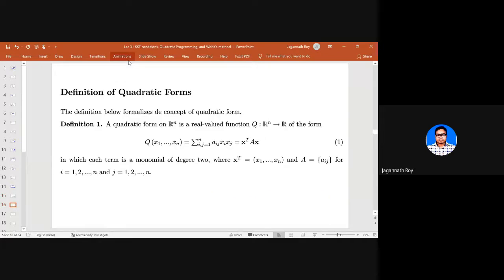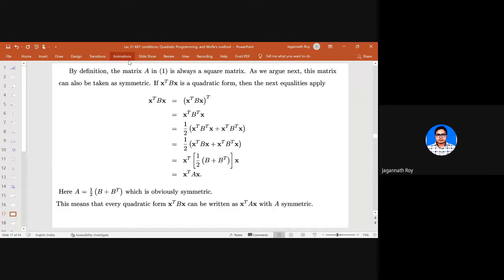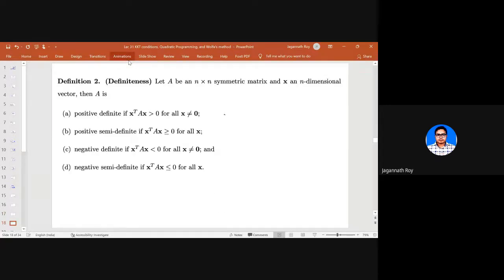And then how we call a form positive definite, semi-definite, negative definite, all those criteria are actually written. So this is positive definite, positive semi-definite, negative definite, negative semi-definite. But it is very difficult to find such a non-zero vector x so that we can verify this relation. So that is why we use the shortcut method.